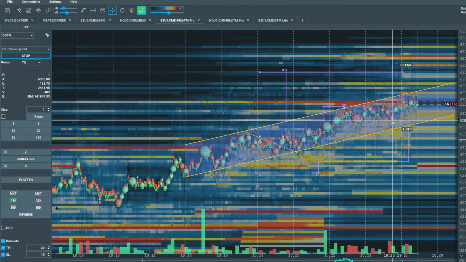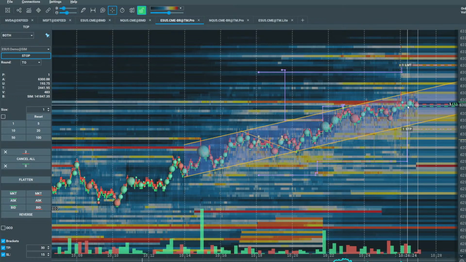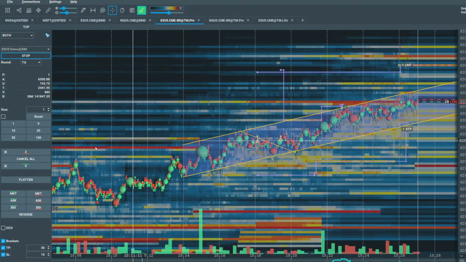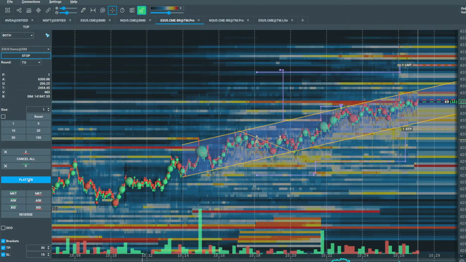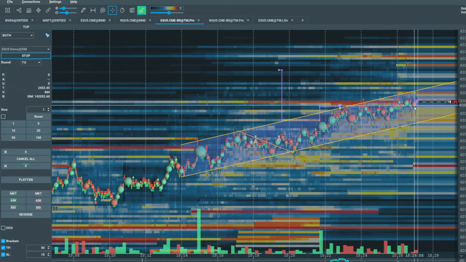Now, if that is the case, how do you want to manage this? Maybe you should just get out altogether, right? Let's hit a double. Okay, so we just hit a double, right?